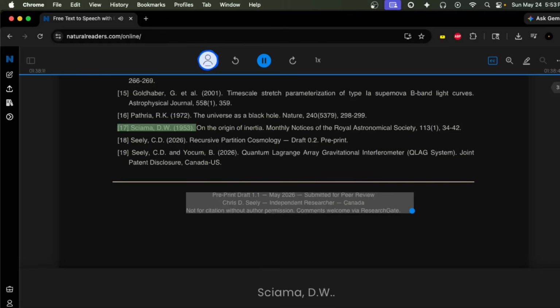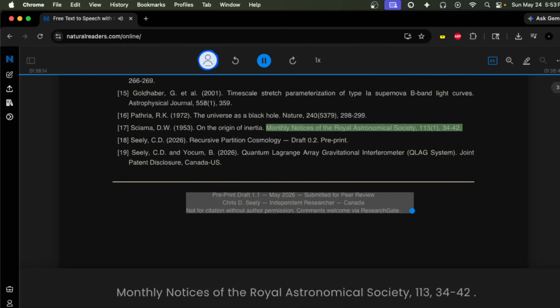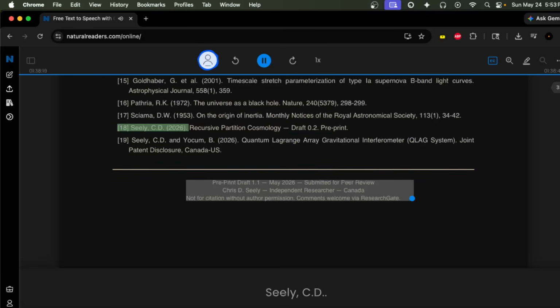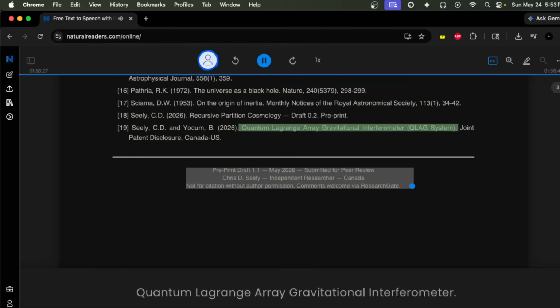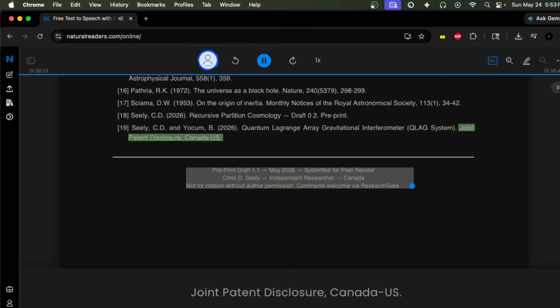Sciama, D.W. On the Origin of Inertia. Monthly Notices of the Royal Astronomical Society, 113, 34-42. Seeley, C.D. Recursive Partition Cosmology, Draft 0.2. Preprint. Seeley, C.D. and Yoakum, B. Quantum Lagrange Array Gravitational Interferometer. Joint Patent Disclosure, Canada, U.S.